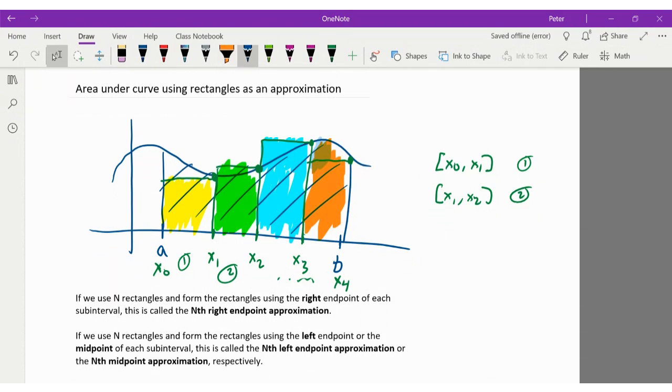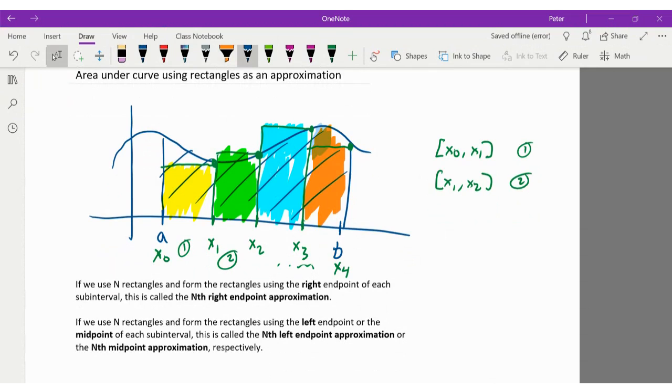So what I've done here is, although there are a couple of different ways that I can subdivide the interval, notice that I've drawn all subintervals to be equal length. When I say length, I mean the length from one end of the subinterval to the other.